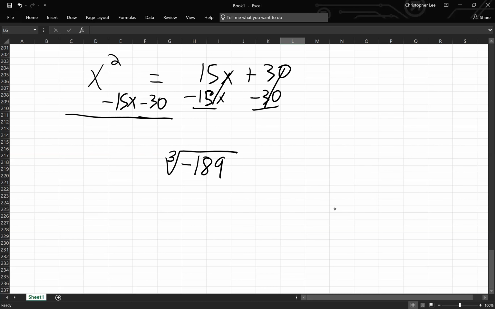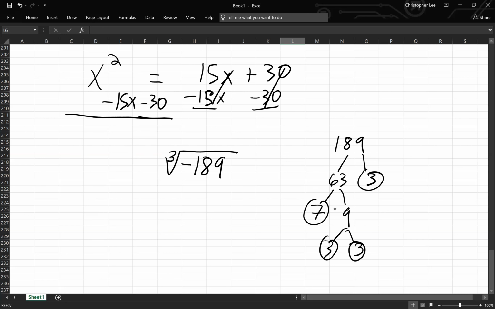All right. So 189 divided by 3, what's that? That's 63. And 63 is 7 and 9, right? And then 9 is 3 and 3. That's not so bad, right?